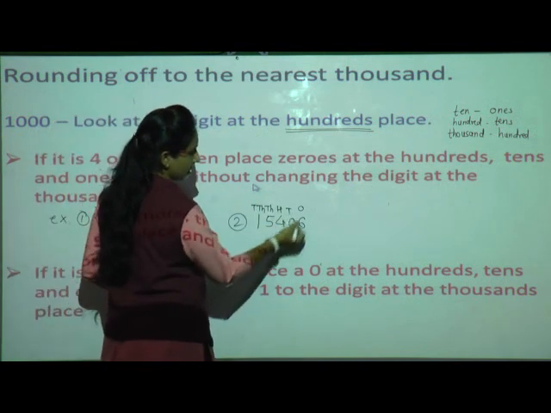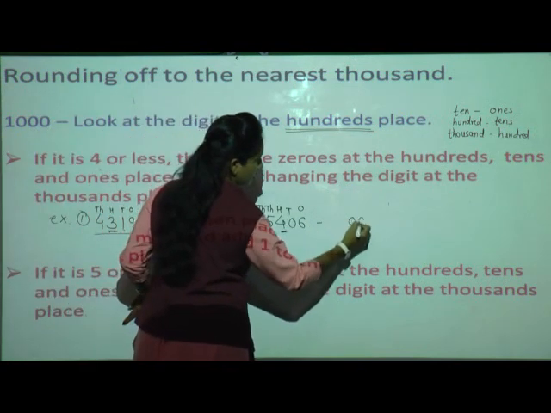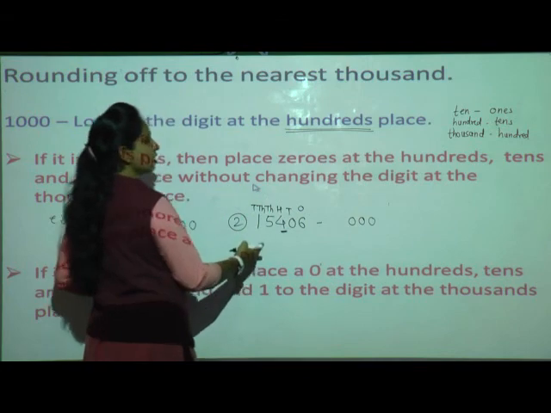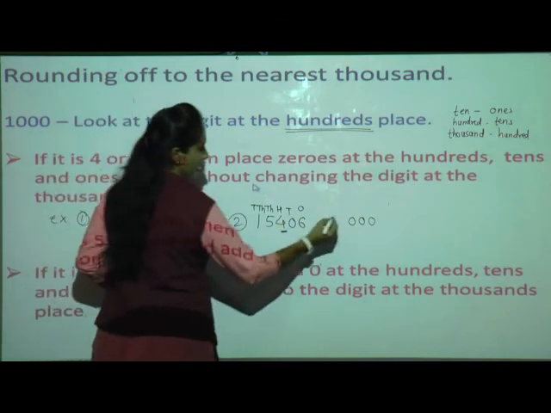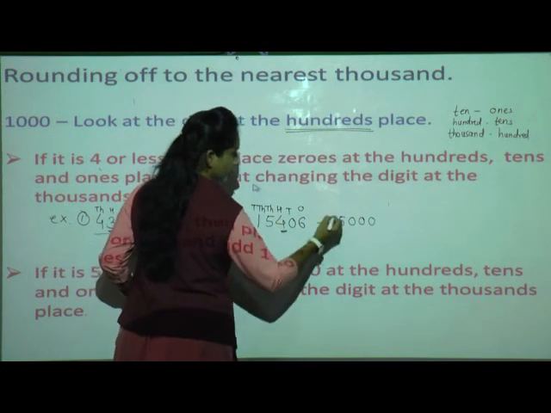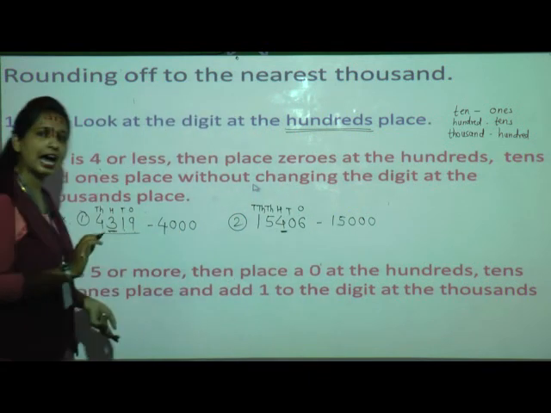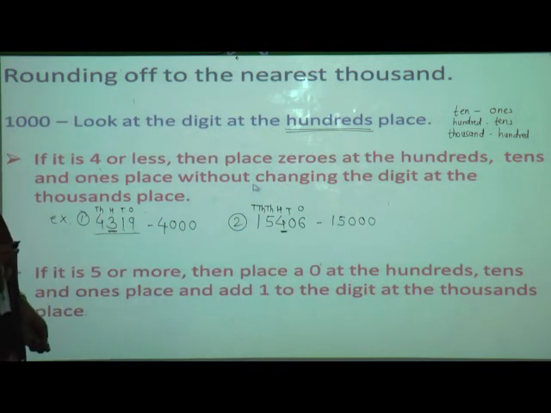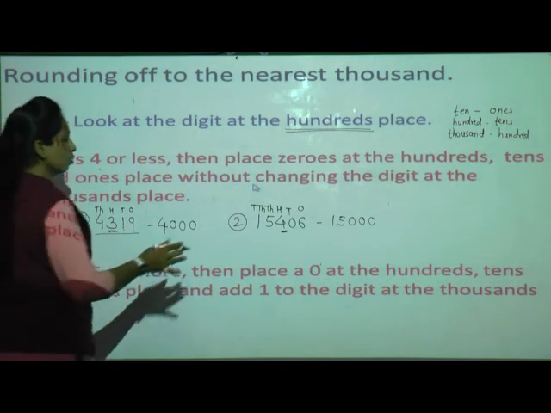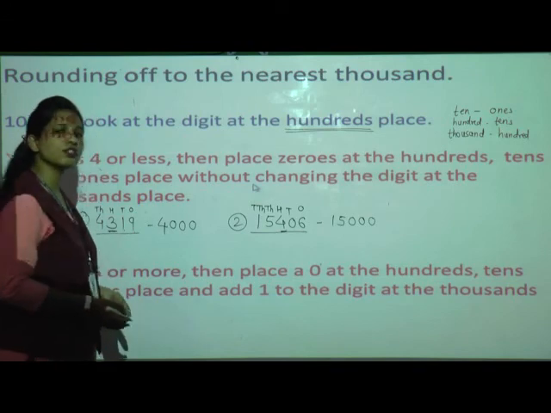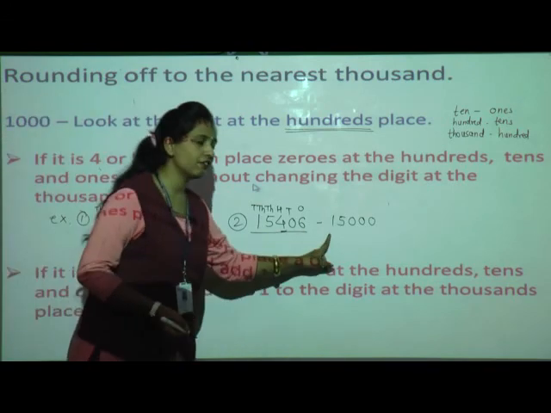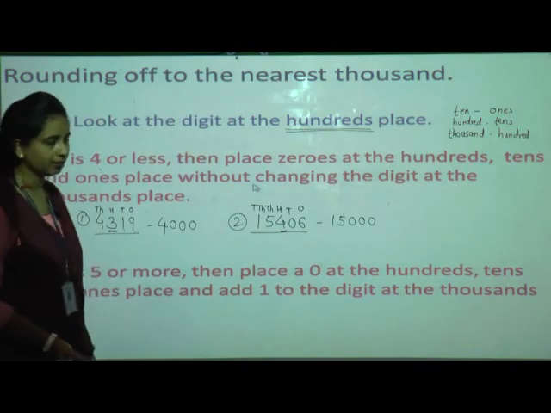Write the thousands place as it is without changing the digit. I will write the 10,000s place also as it is. I hope everyone understood. So the nearest number of 15,406 is 15,000. Got it?